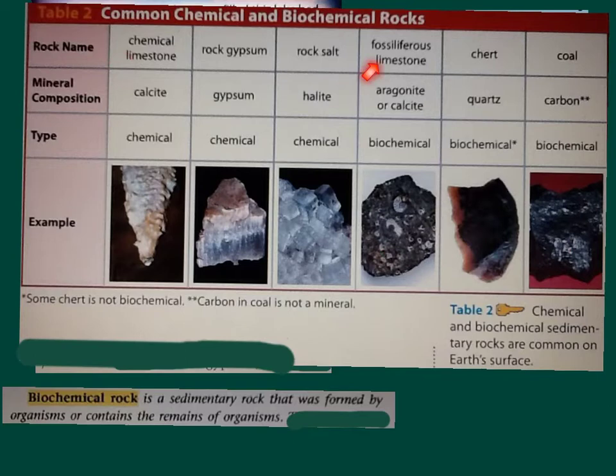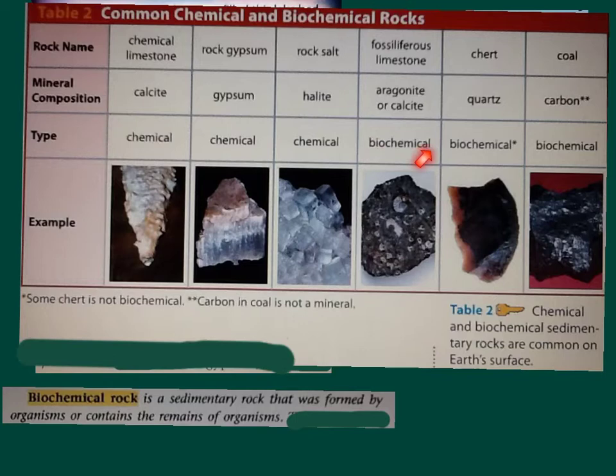Notice something else about that same thing: the mineral composition of chemical limestone is calcite, and the mineral composition of fossiliferous limestone is also calcite. However, notice the type is chemical and biochemical.